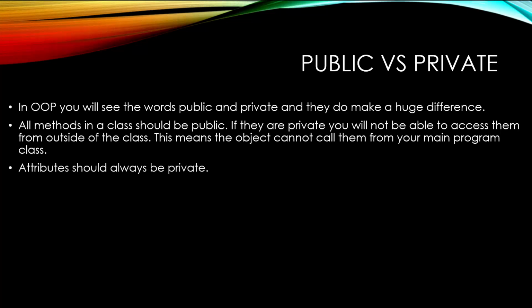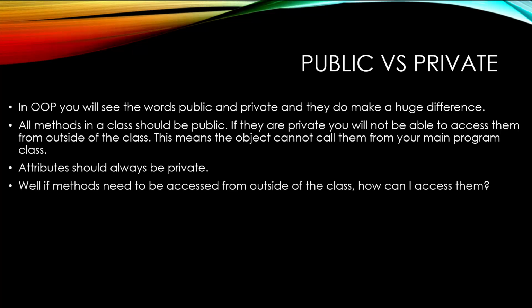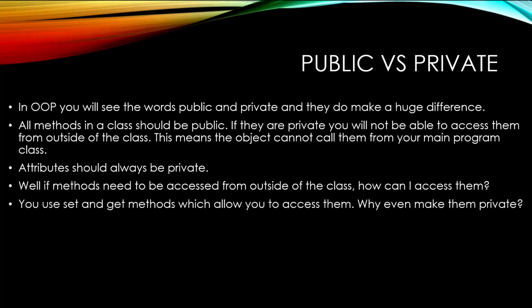Now your attributes, on the other hand, they should be private. Well, if methods need to be accessed from outside the class, how do I access the attributes if they're not public but they are private? Well, you use set and get methods which allow you to access those attributes. Well, if I'm just going to use methods, why do I even need to make them private?